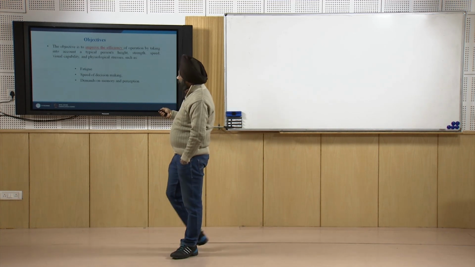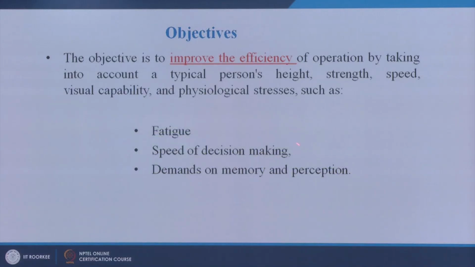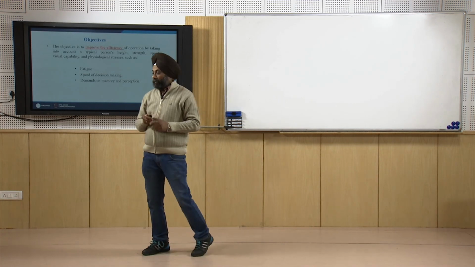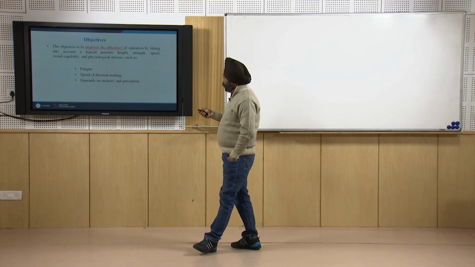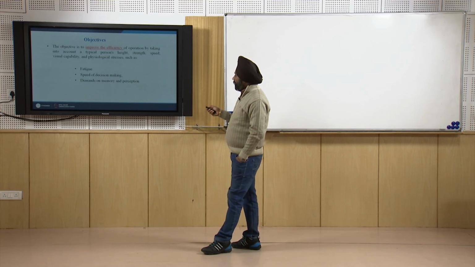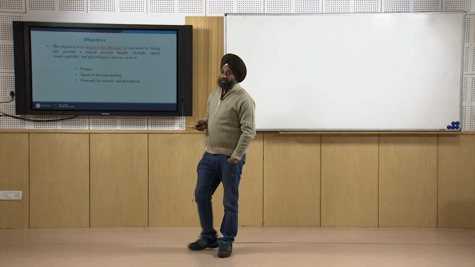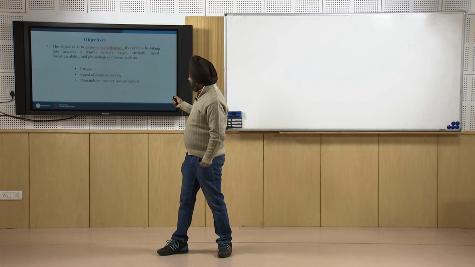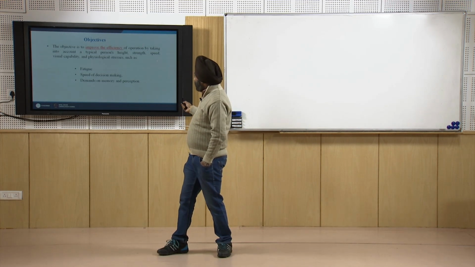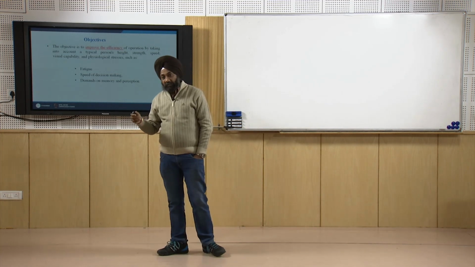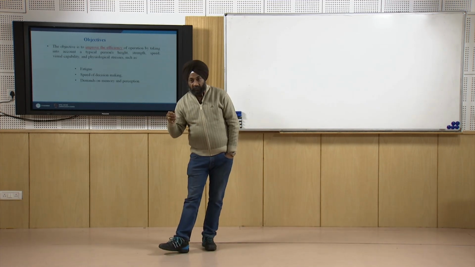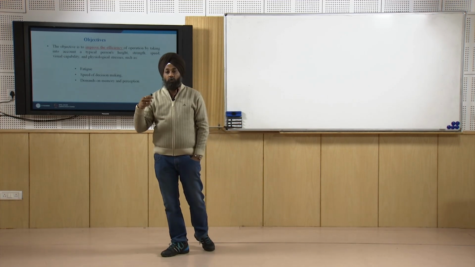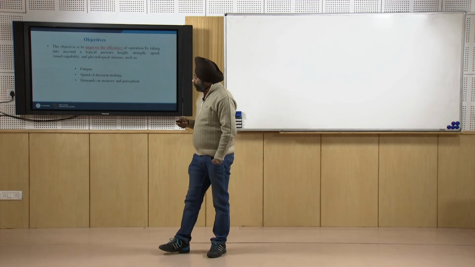Fatigue should be minimized, speed of decision making should be fast, and demands on memory and perception should be such that he does not feel mentally strained. Therefore, we have to take into account his height, strength, speed, visual capability and physiological stresses. When we take all these things into account and design the system, then we can say that the design has been done taking into consideration the ergonomic aspects of work.